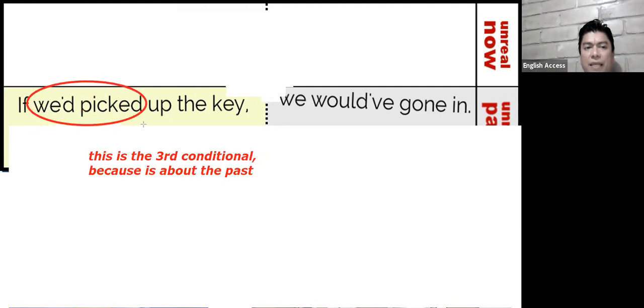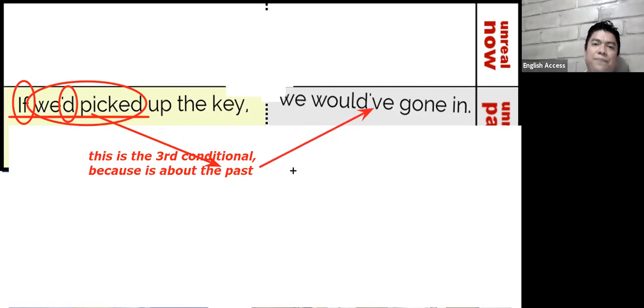If we had picked up the key. Yes, the expression if, and the contraction of had, the past perfect. So if we had picked up the key, it's about the past. And the result is we would have gone in. It's a result about the past.